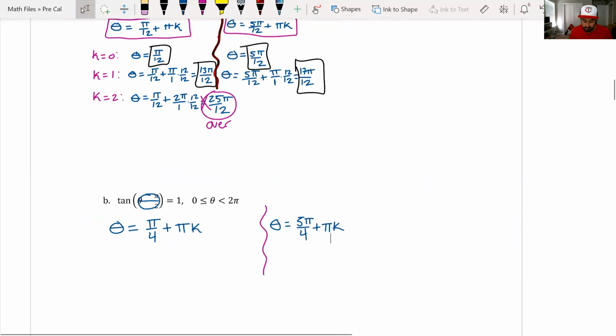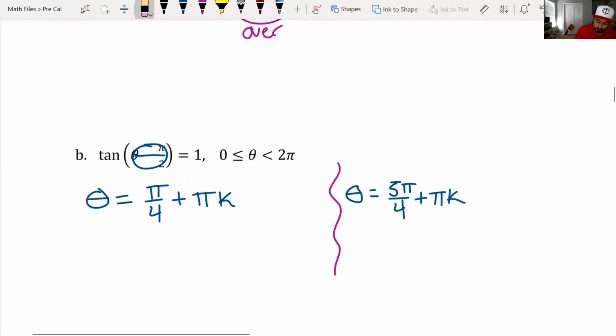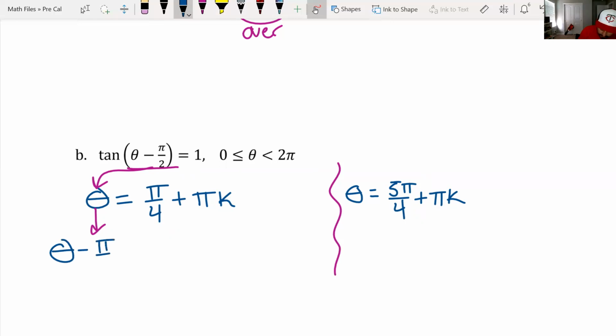Okay, but again, we are forgetting something. This wasn't just theta. This was theta minus pi over 2. So that's what that becomes. So this theta minus pi over 2 must replace this. So that's the next step. So now we have theta minus pi over 2 equal to pi over 4 plus pi k.